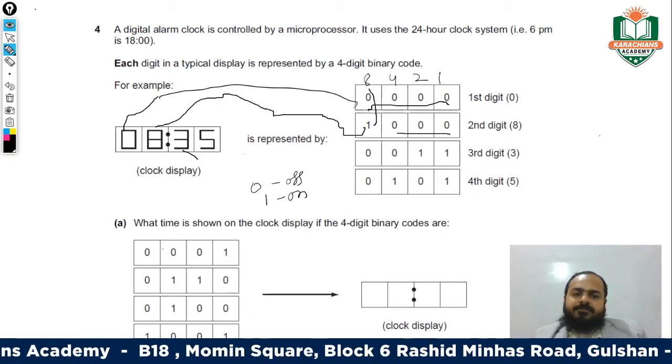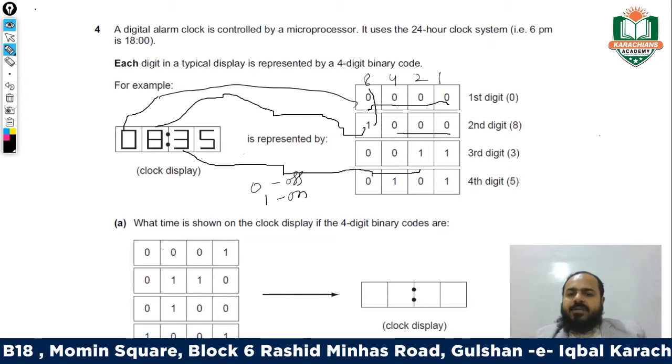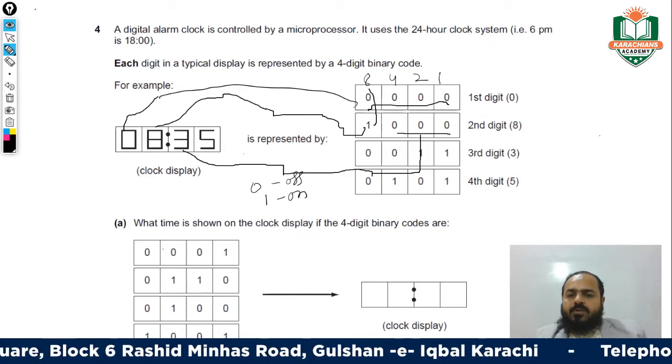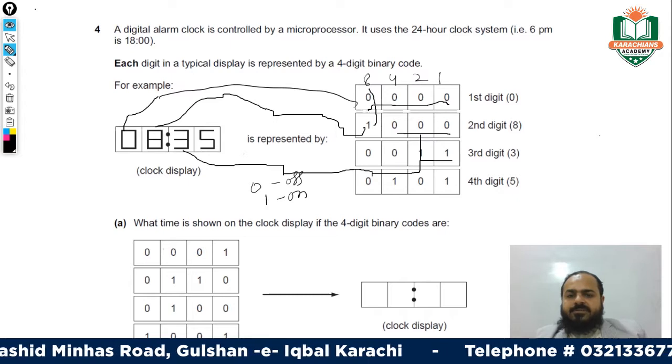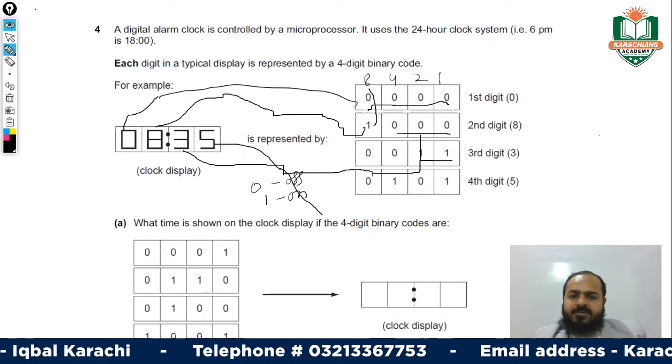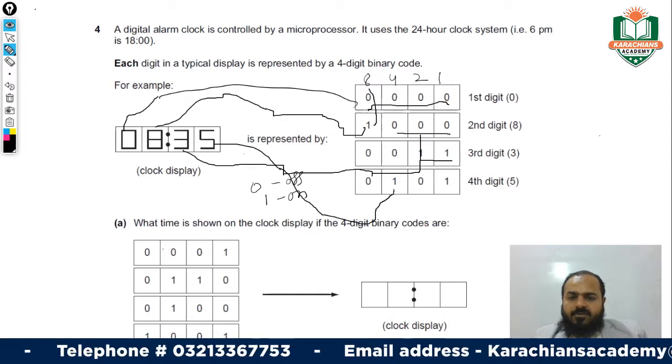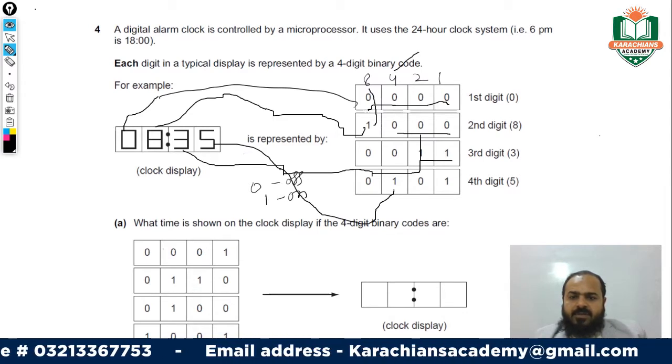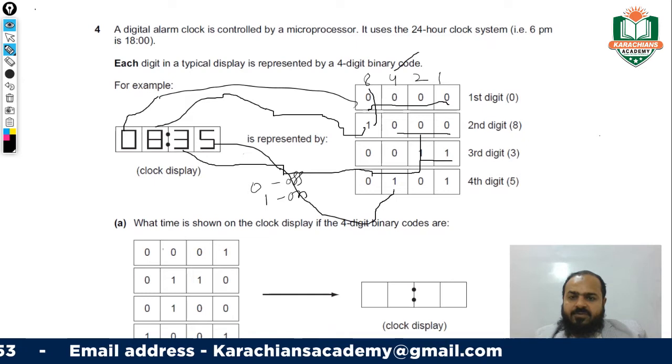Now we have 3. So when we talk about 3, only 2 and 1 are on. 2 plus 1, it becomes 3. Then we go on 5. 4 is on, you see at the top, and 1 is on.